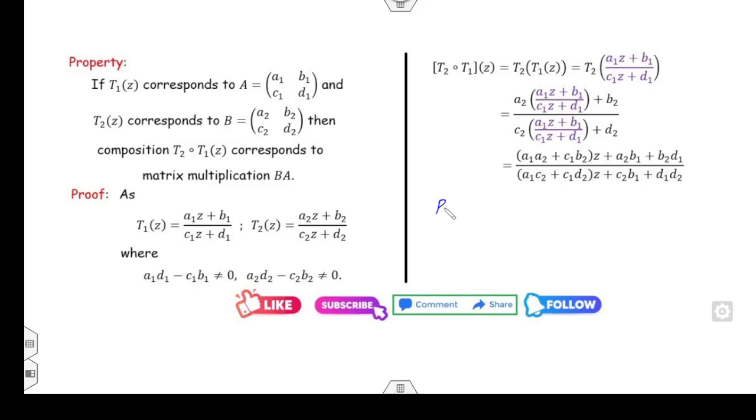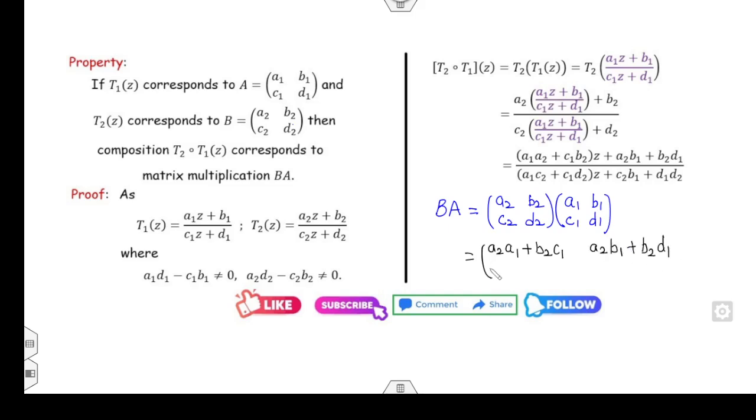Now if you write it as B into A, what is B? B is the matrix A2, B2, C2, D2 times A, which is A1, B1, C1, D1. So what will happen if you multiply them? The first entry will be A2 A1 plus B2 C1. The next entry will be A2 B1 plus B2 D1.